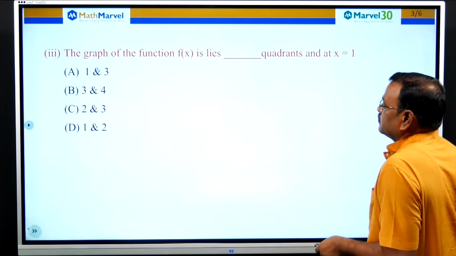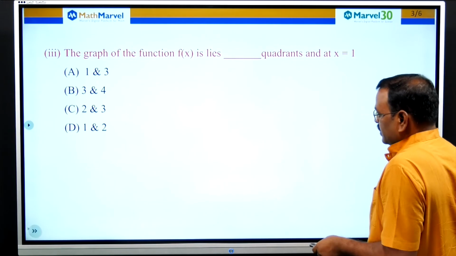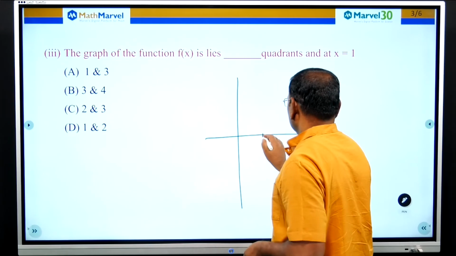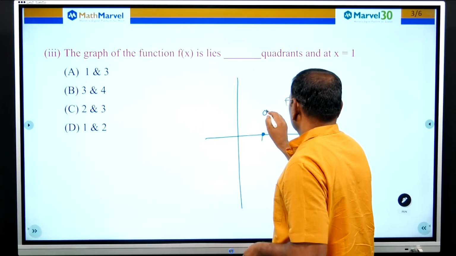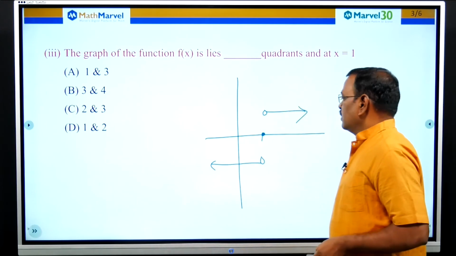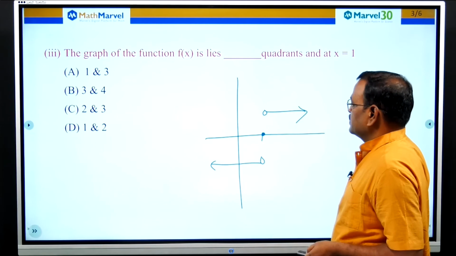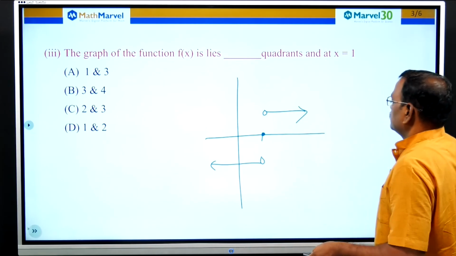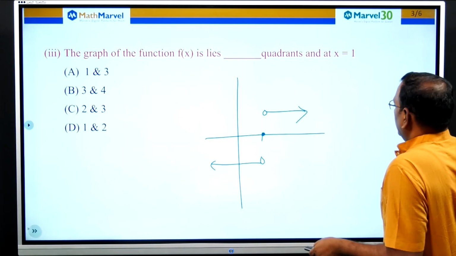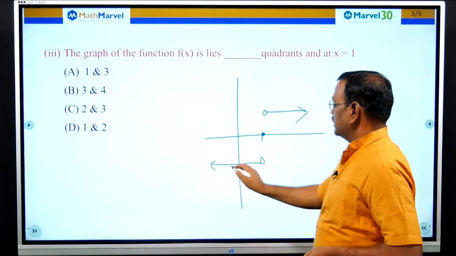Next, third: the graph of the function lies in which quadrants, and at x equal to 1? Yes, see the graph. At x equal to 1, this point, this is the first quadrant, and this is the fourth and third.